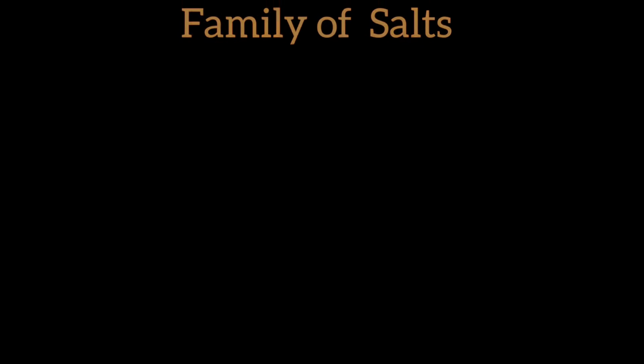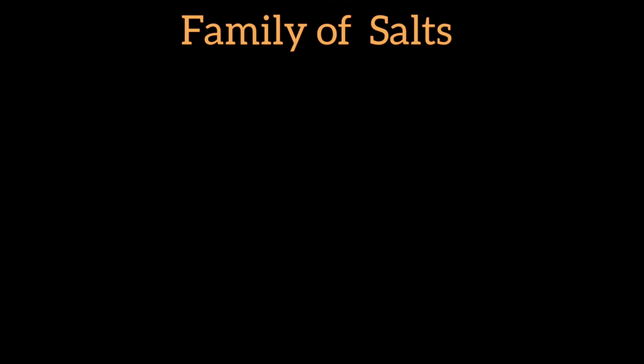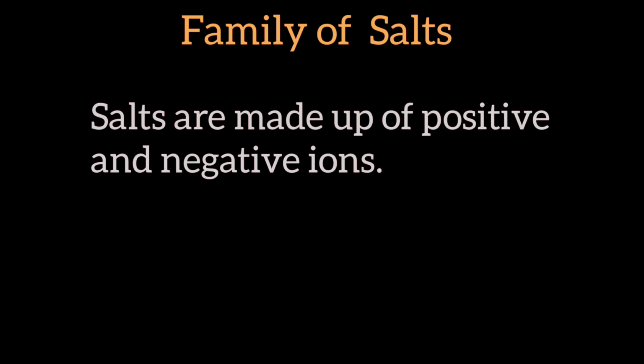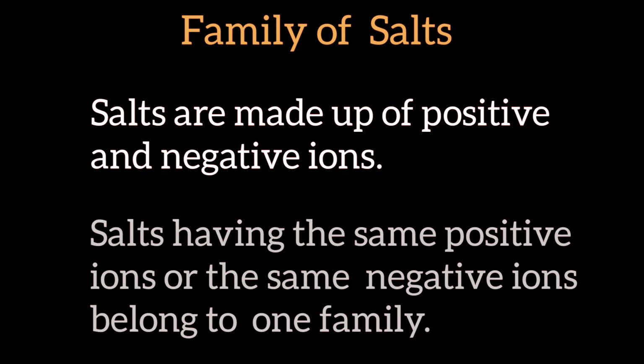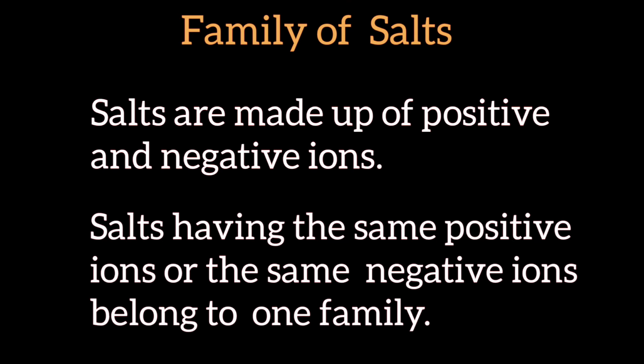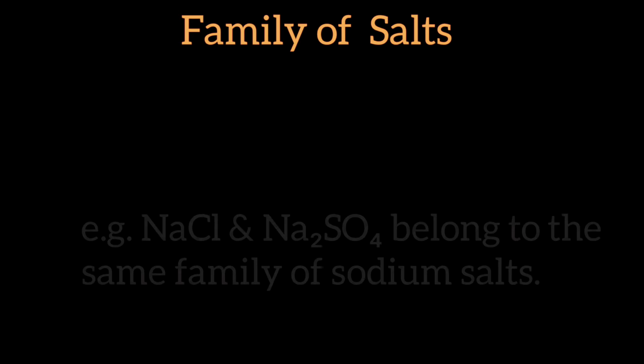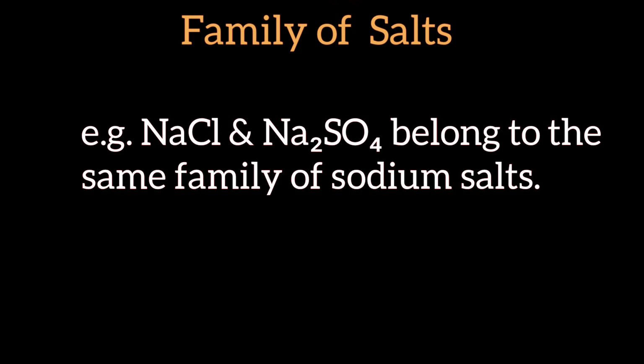Let's know about family of salts now. Salts are made of positive and negative ions, and the salts having the same positive ions or same negative ions belong to one family. For example, sodium chloride and sodium sulfate belong to the same family of salts called sodium salts.